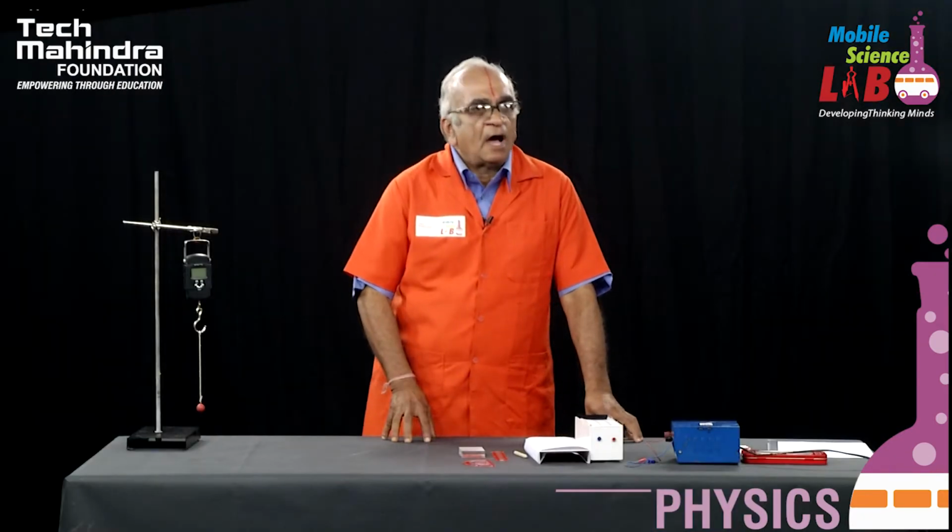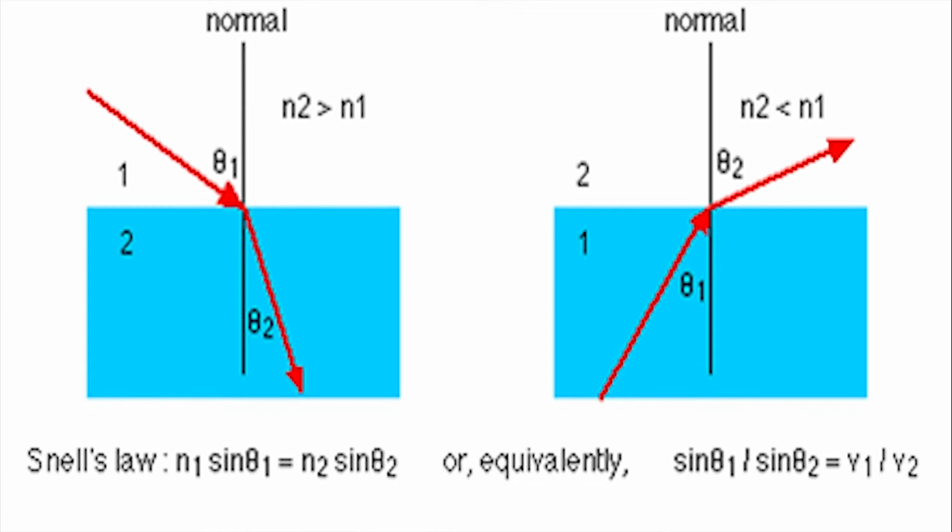Even in refraction, the light ray will follow certain rules. The rules are: number one, whenever a light ray is passing from the rarer medium to the denser medium, it bends towards the normal drawn at the point of incidence at the interface of the two media.